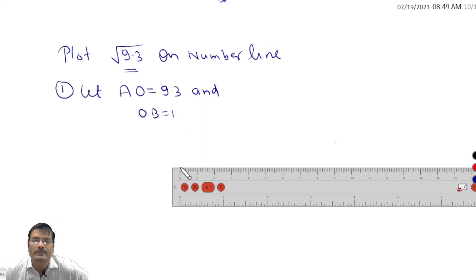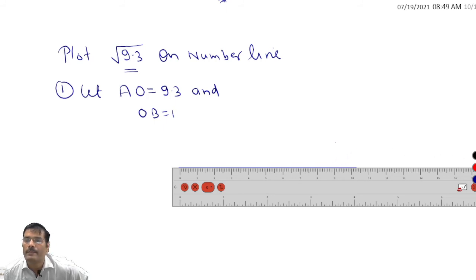If we are starting from this one, this is our line and this is 9.3. We have to draw the line up to 10.3. This is the 10.3 and here is the line.